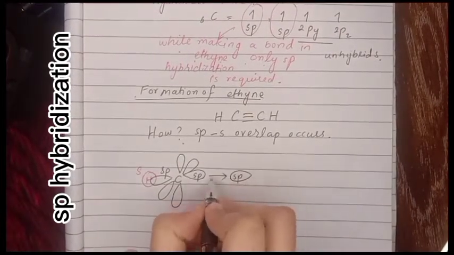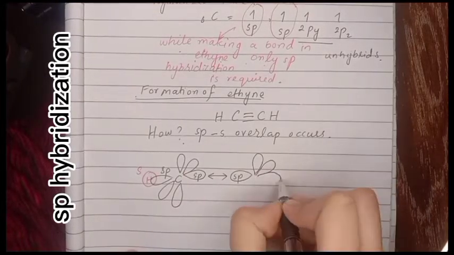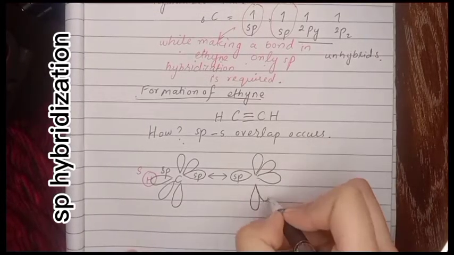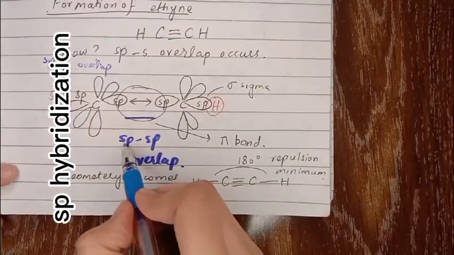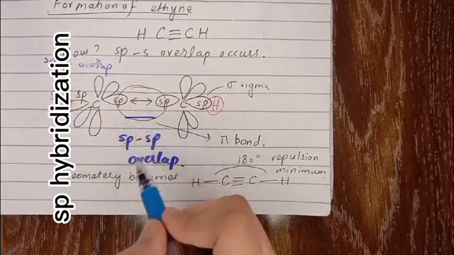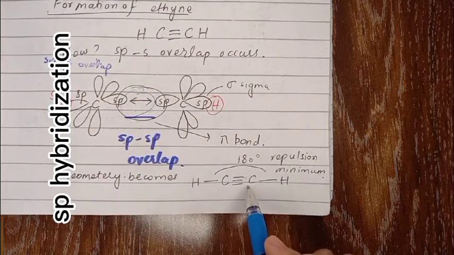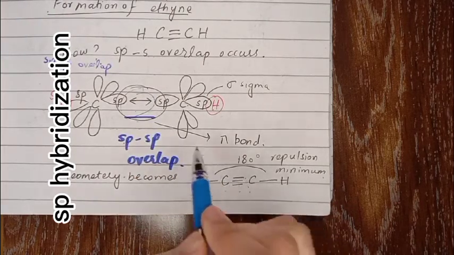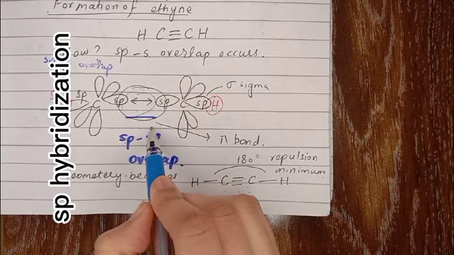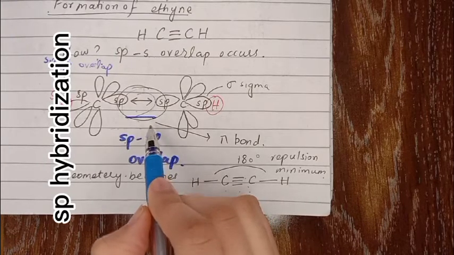Now the leftovers are the sp orbital in one carbon and the sp orbital in the second. As we can see clearly, the leftover sp orbitals overlap with each other between the two carbon atoms, and the other sp ones overlap with the s orbital of the hydrogen.